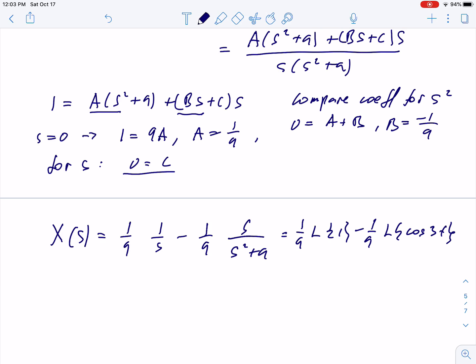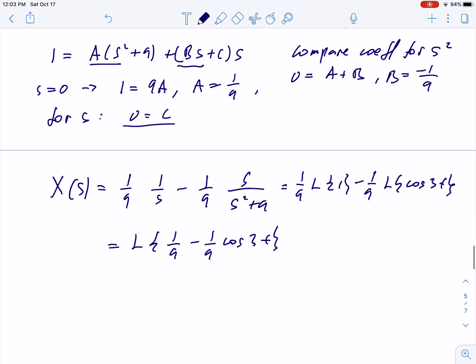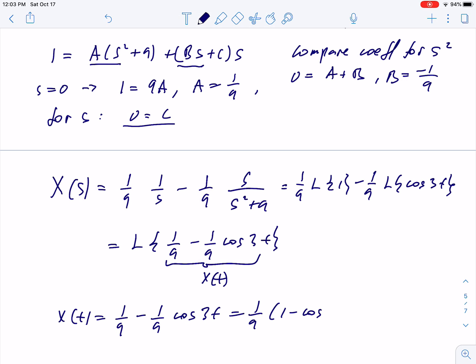Collecting together, this will be Laplace transform of 1/9 minus 1/9 cosine 3t. And inside the brackets is our solution. The solution will be x(t) is 1/9 minus 1/9 cosine 3t, factoring 1/9, 1 minus cosine 3t. This is our solution.